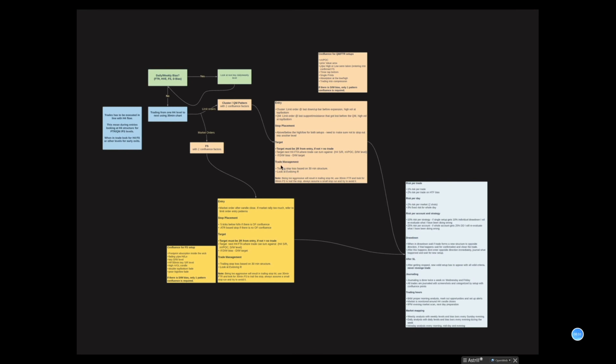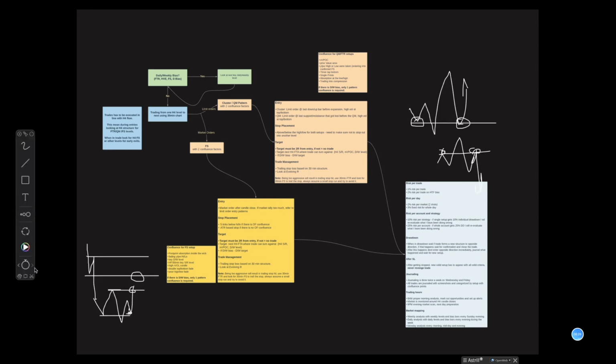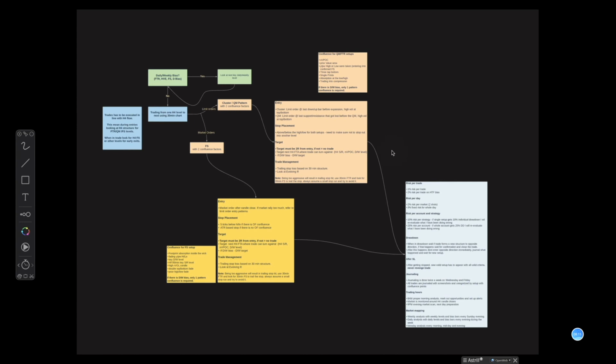The trade management: I'm trailing stops based on 30-minute structure. This is something that I also mentioned. How am I trailing the stops? Obviously I'm watching the evolving R, but I'm not really.